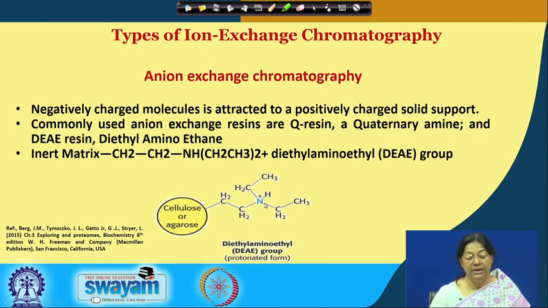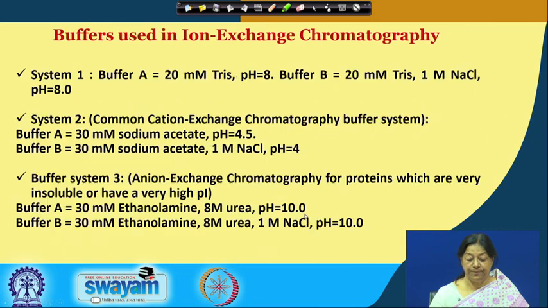If a column is packed with beads that have the DEAE group, then the negatively charged proteins are going to be attracted to this, and we are going to have an anion exchange occur. The buffers that are commonly used in ion exchange chromatography are common cation exchange chromatographic buffer systems, where we have sodium acetate, sodium chloride, and so on.